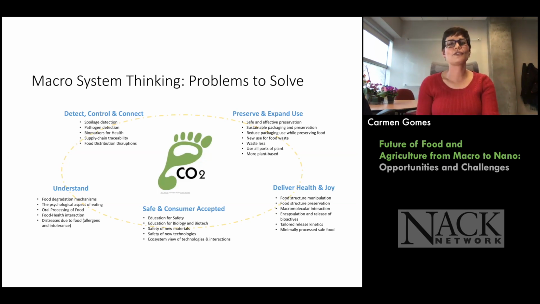So safe and consumer accepted, so educational for safety. We should never forget the public perception, and the public should be involved in all aspects of the things that I'm talking about. If you don't gain the trust of the public, you definitely will lose the confidence that your technology is viable. So education for safety, education for biology and biotech, safety of new materials, safety of new technologies, ecosystems view of technologies and interactions.